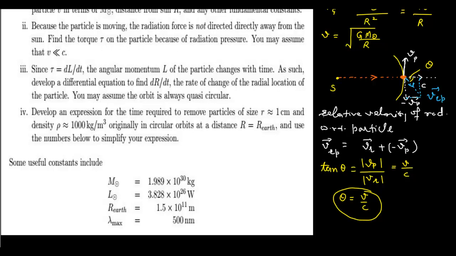Now the direction of the radiation pressure is along this direction, the direction of relative speed of the radiation with respect to the particle.